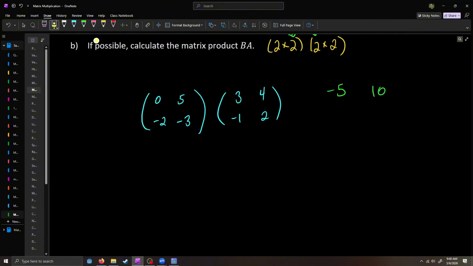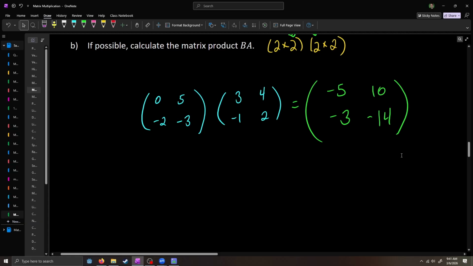Taking the dot product of -2 minus 3 with 3 minus 1, that gives us -6, +3, in total -3. And then dot product of the second row with the second column, we get -8 minus 6, in total -14.